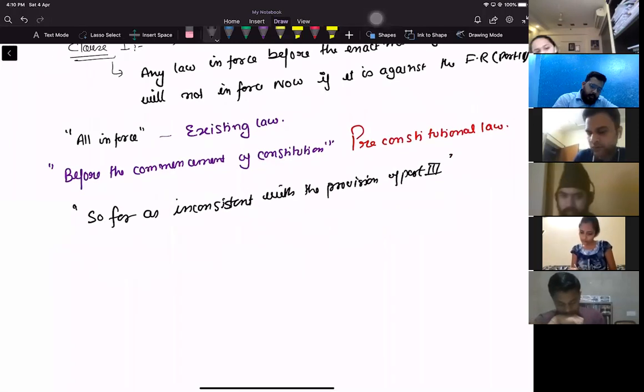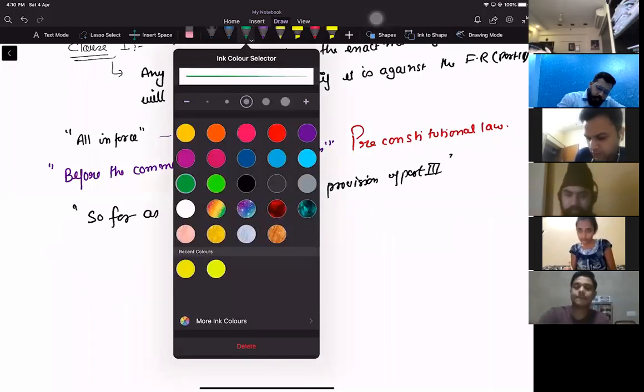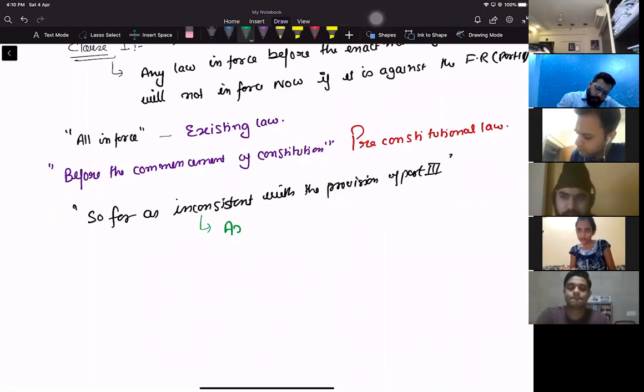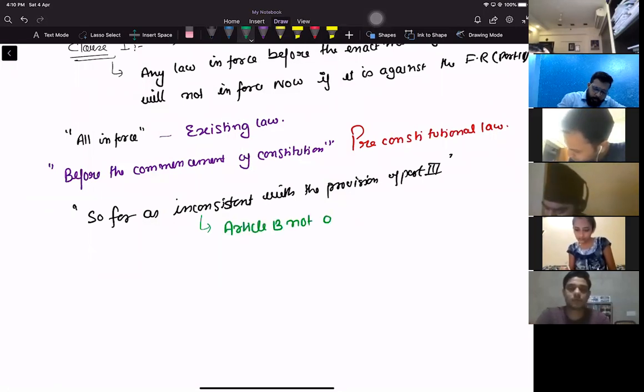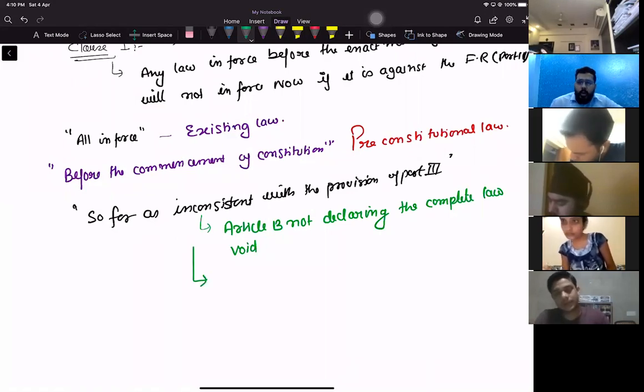Article 13 is not declaring the complete law void. Rather, it is not saying that pre-constitutional laws are not in force.